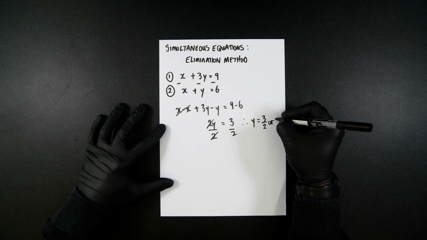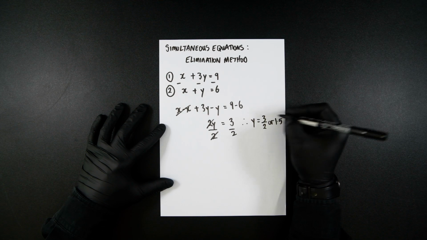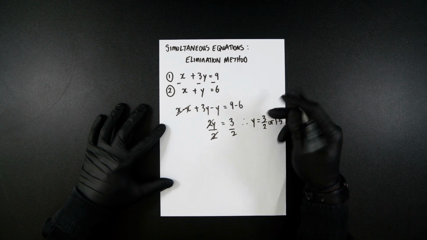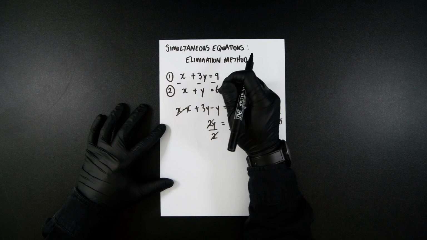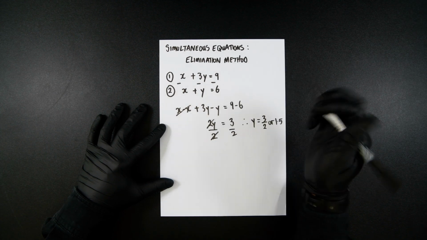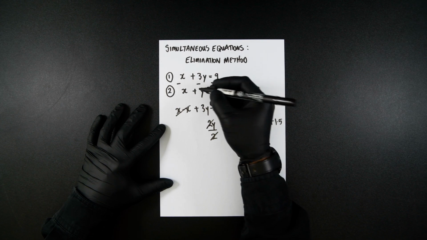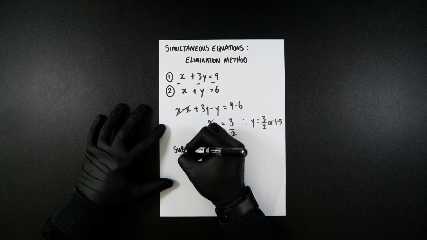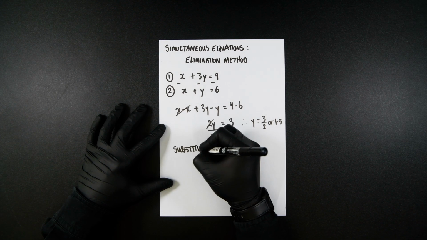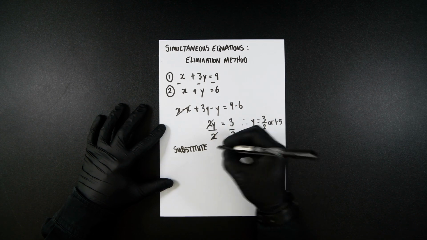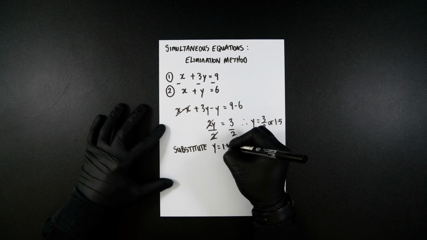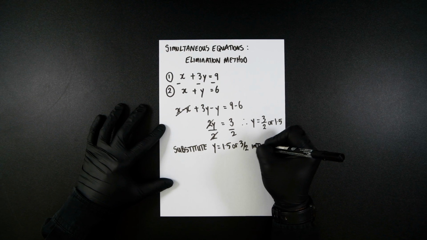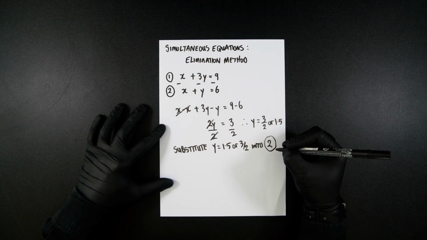We now know what the answer is for y, so we can substitute it into any of these two equations. So I'm going to pick equation 2. Let's substitute y equals 1.5, or 3 over 2, into 2.